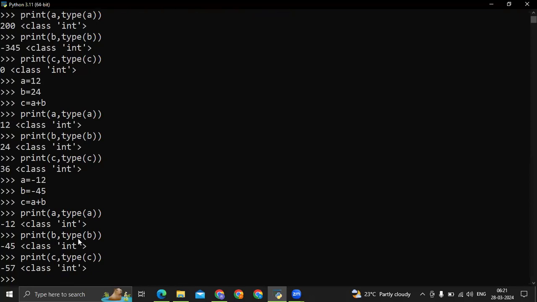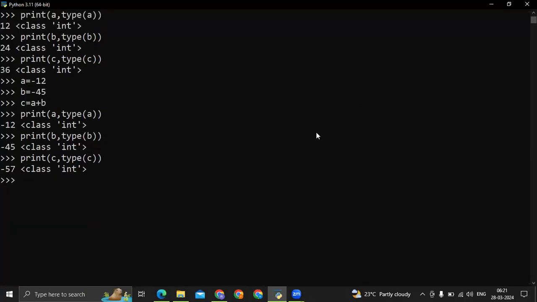Now within int data, we can also store different types of number system data. How many types of number system data do we have, students? Tell me. We have different number system data.